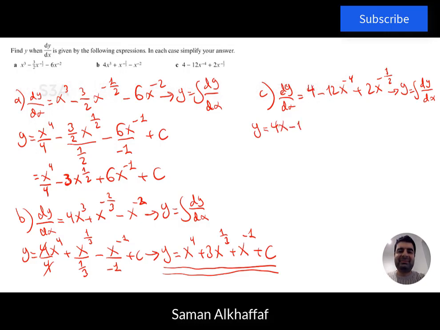4x minus 12x to the power of minus 3 over minus 3, and then plus 2x to the power of a half divided by a half.